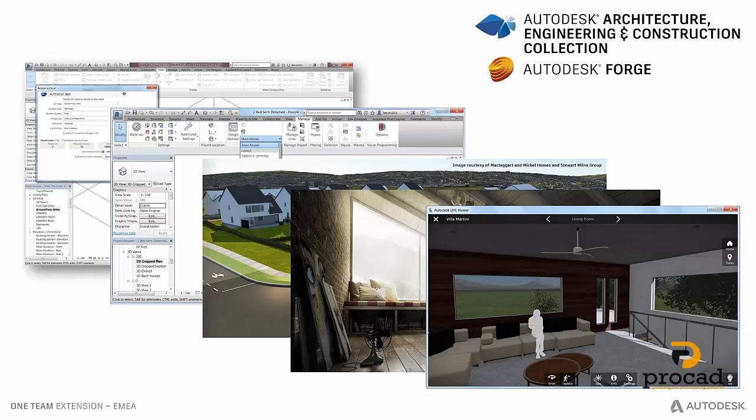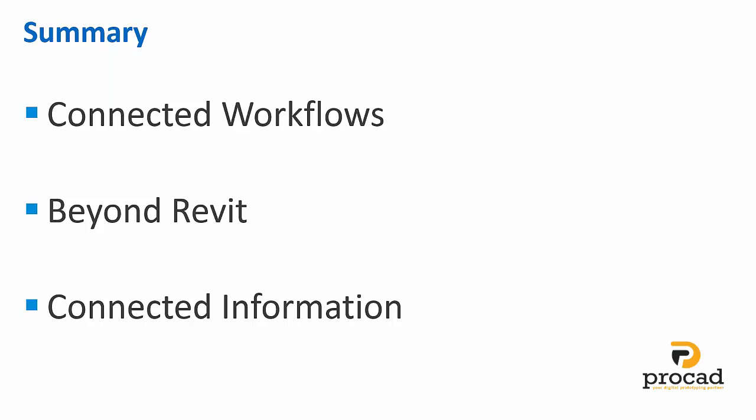So that brings me to the end of the presentation. Just to summarize, we've gone through connected workflows, looking at different workflows, even outside of Revit and beyond Revit, looking into the likes of Navisworks, but also looking into cloud technologies. And then obviously that goes beyond Revit, looking at the holistic connected information.